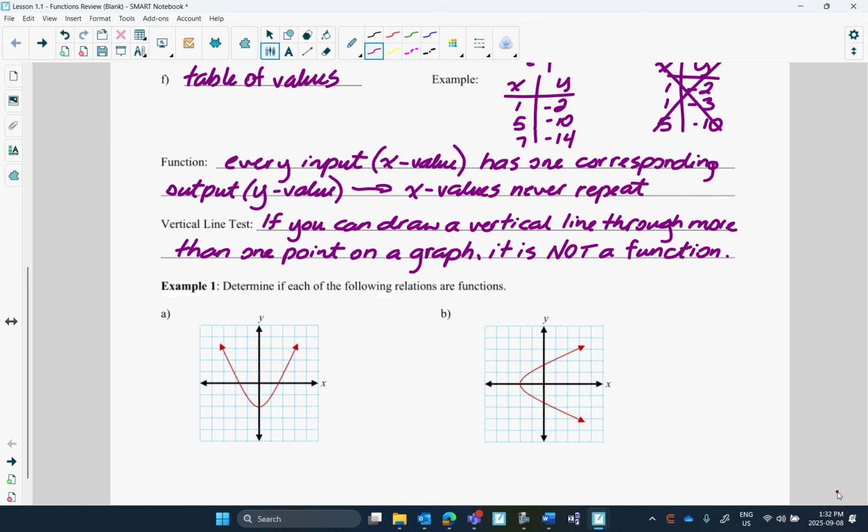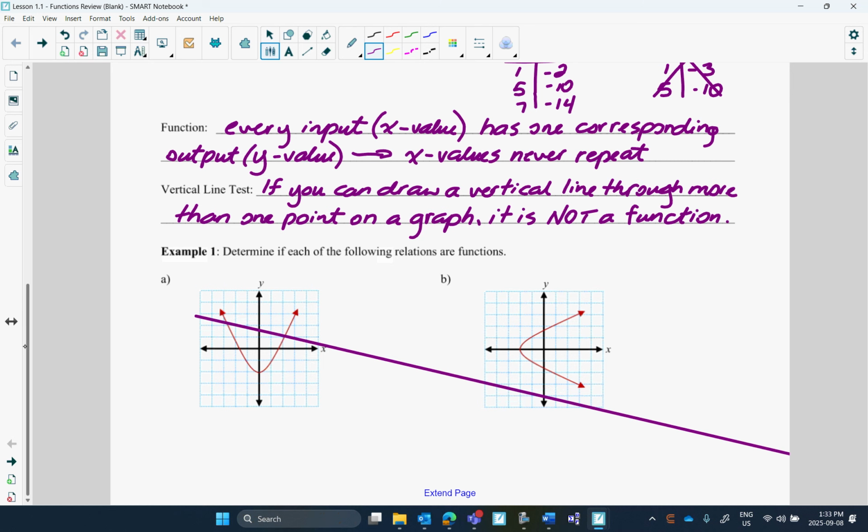Okay? If you can't, it is. So that's a really quick way to tell a function. They're all called relations, but only some of them are called functions.